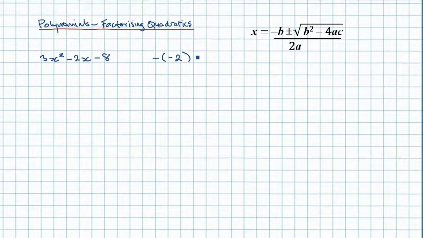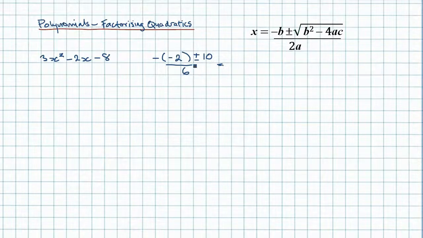And then we've got this plus or minus. Plus or minus. That's because when we square root something, we tend to get two answers. So plus or minus. And then we've got the discriminant under here, and we already worked out that the discriminant of this was 100. So if we square root 100, we get 10. Okay. Now we divide by 2 times a. Well, a is 3, so 2 times a is 6.